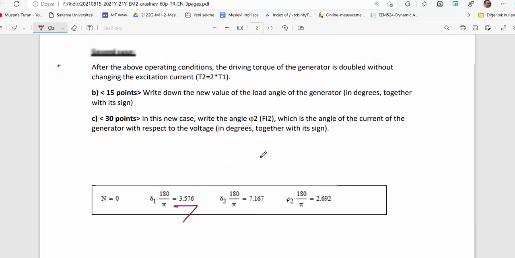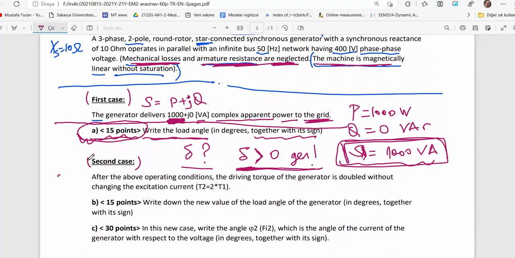Okay, let's continue. As a second case, after the above operation, let me change color. After the above operation, operating conditions, the driving torque of the generator is doubled.